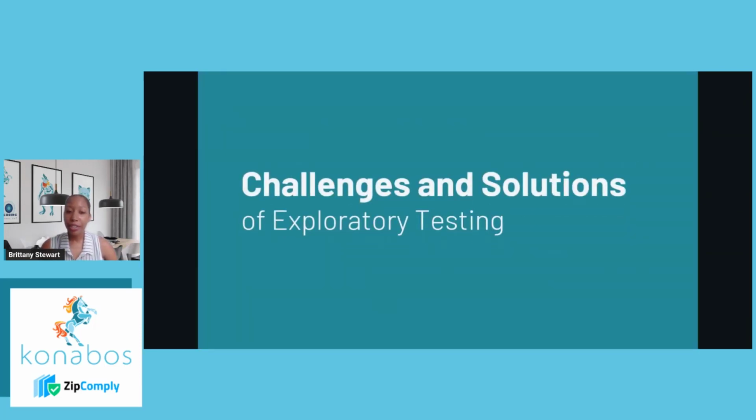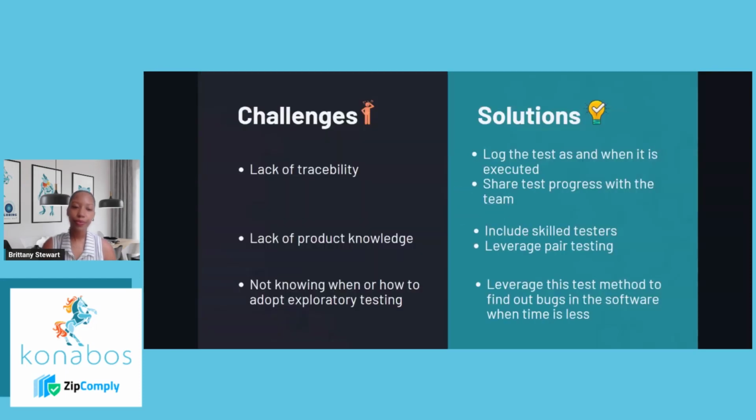During my years of doing this, there have been some challenges that I've faced and also read about. So in this next slide, I have proposed some solutions. Let's take a look. The first challenge that I've experienced and heard of is lack of traceability. That's just due to the nature of it.